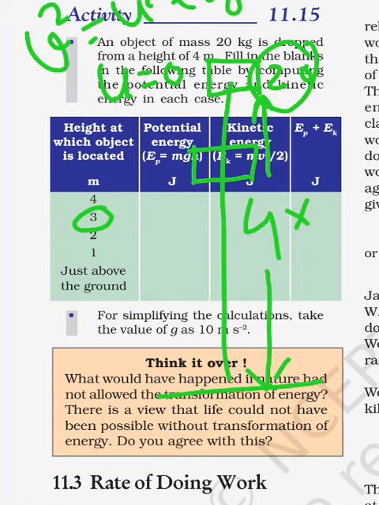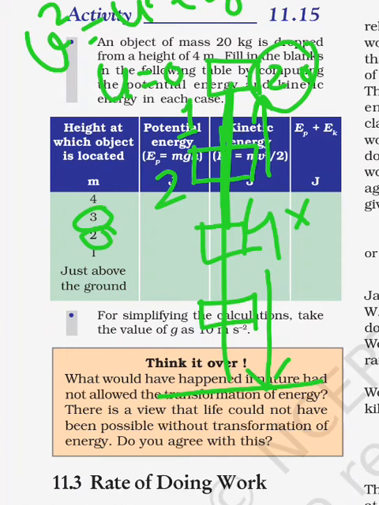In that formula, how much is h? 1 meter only. When it will come to 2 meter, from that formula this height will become 2 meter. When it will come to the third height, means 1 meter, 2 meter, 3 meter and 4 meter.